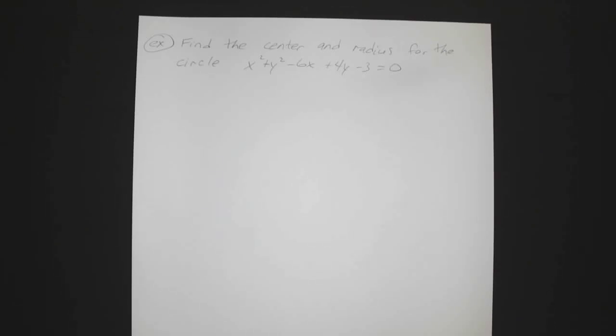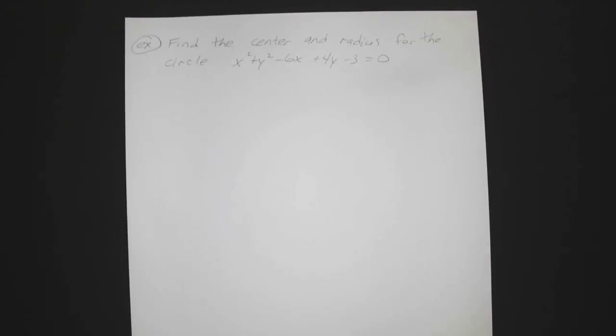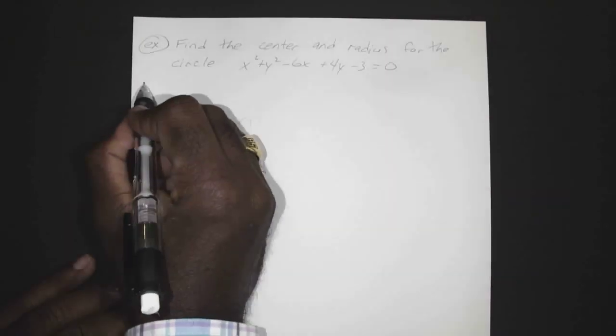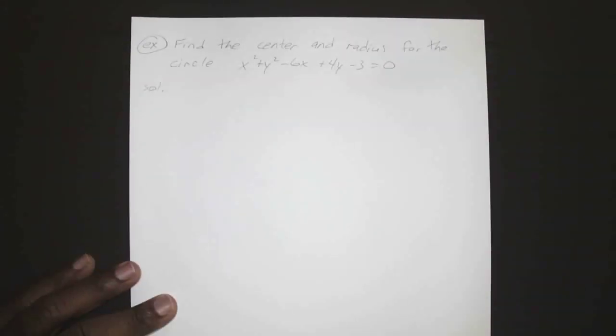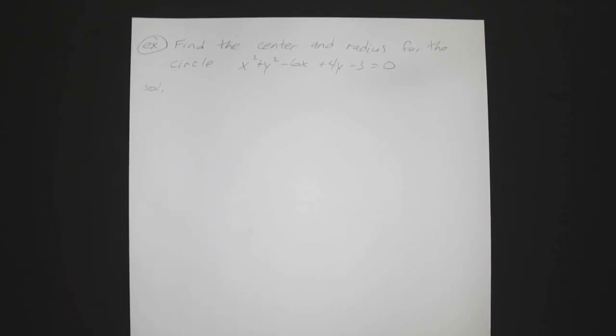To do that, we're going to use completing the square. Our first step is to put all the like variables next to each other.